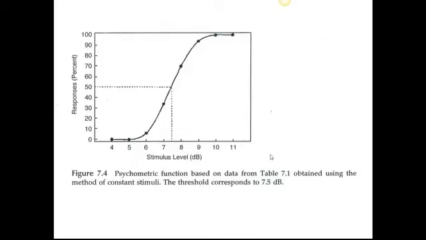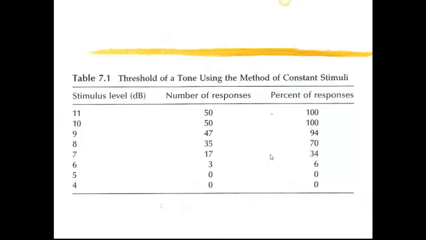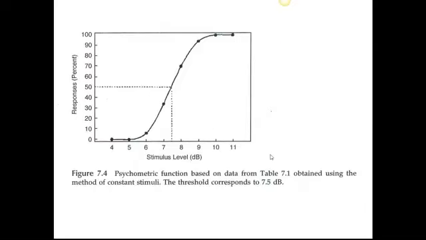For example, at 4, they had 0, so it's plotted at 0. If you go to 8 and across to your right, it's at 70%, so that's plotted at 70, and so forth. Then you have your psychometric function. You can find the 50% point to tell you that the threshold corresponds to 7.5 dB.